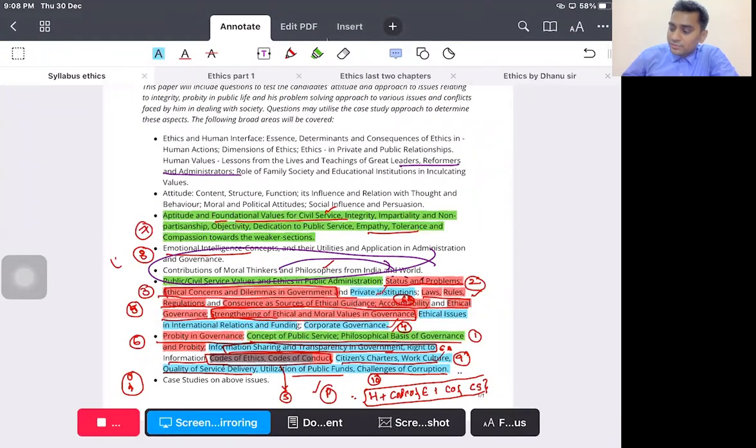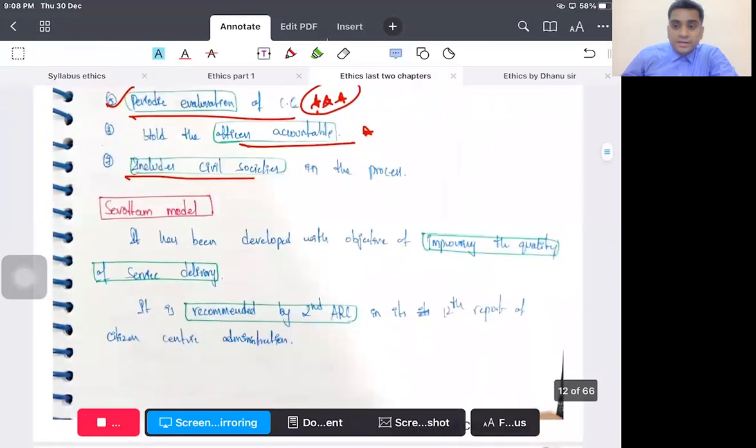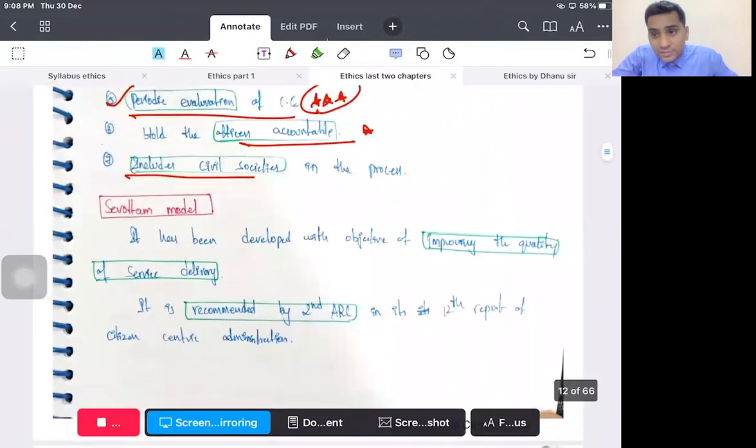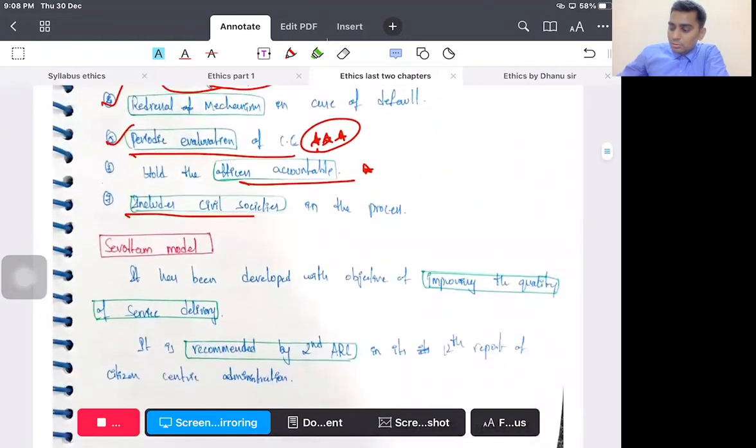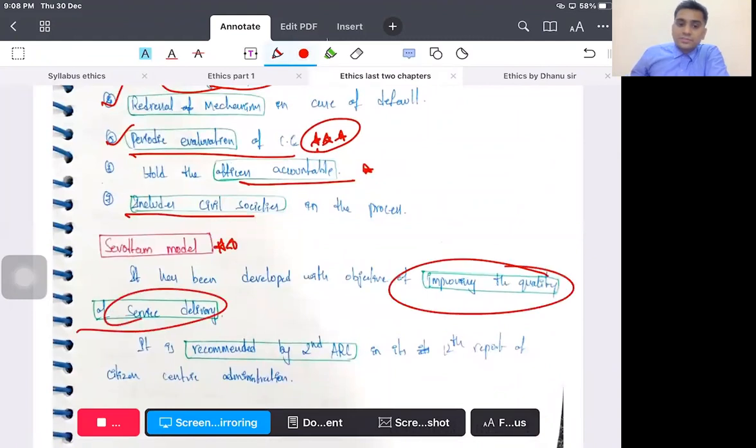We already discussed this when I was discussing how the government was formed, how the governance is there, how to improve that quality of delivery. How you can deliver is by using the SEVOTTAM model. It has been developed with the objective of improving the quality of service delivery. Very important, the SEVOTTAM model for improving the quality of service delivery.